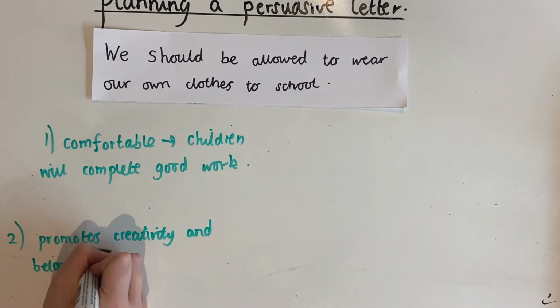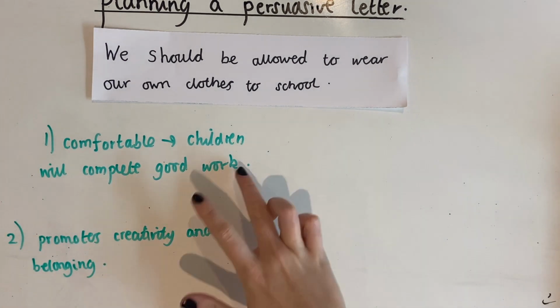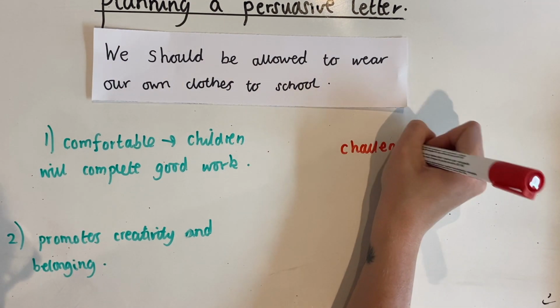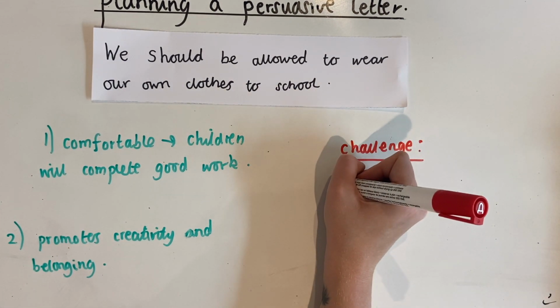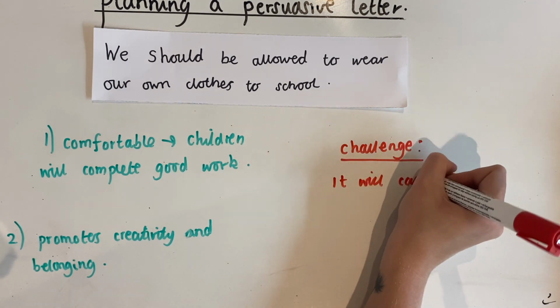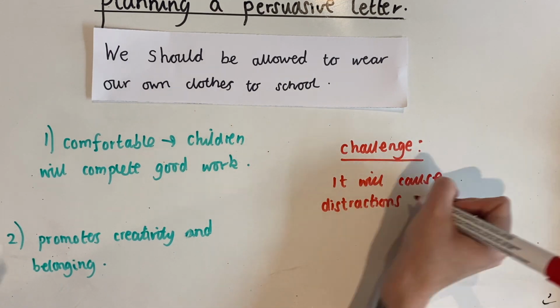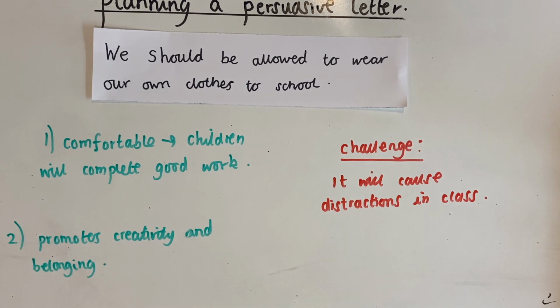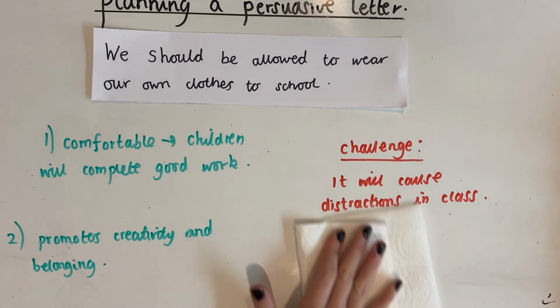So those are the two main points that I'm going to be mentioning in my persuasive letter. As a challenge, I'm going to add a counterpoint on why we shouldn't be allowed to wear our own clothes to school. This is effective as it shows understanding and consideration to the other side. Feel free to have a go at this and try this too. I'll be explaining later on how we're going to do this.